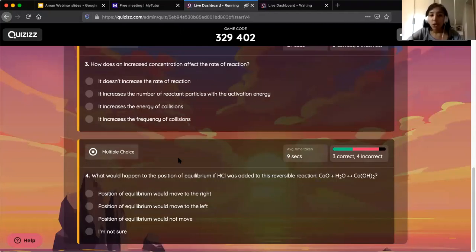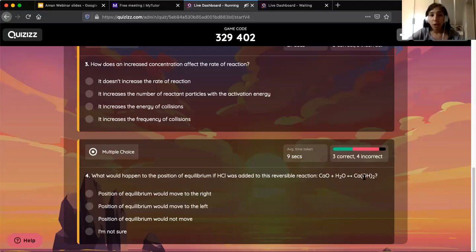And then the final question: what would happen to the position of equilibrium if hydrochloric acid was added to this reversible reaction? This is a higher tier question. If you remember, last week we went through what happens when you add hydrochloric acid. You're essentially adding hydrogen ions. If we look at this reaction, there aren't any hydrogen ions there, but we have hydroxide ions on the product side.